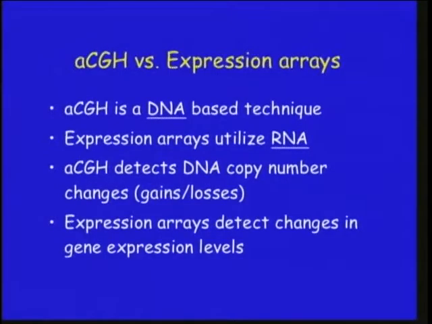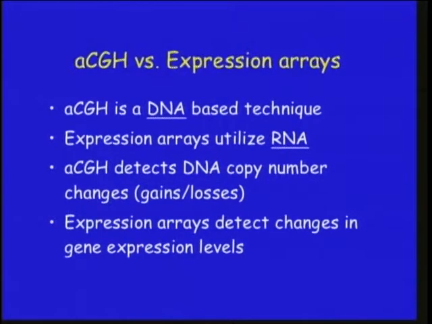So this is what an actual Array CGH experiment looks like, and you might say this looks the same as an expression array. And it does. However, it's very important to keep in mind that these are two extremely different techniques. So Array CGH is a DNA-based technique, whereas expression arrays utilize RNA.